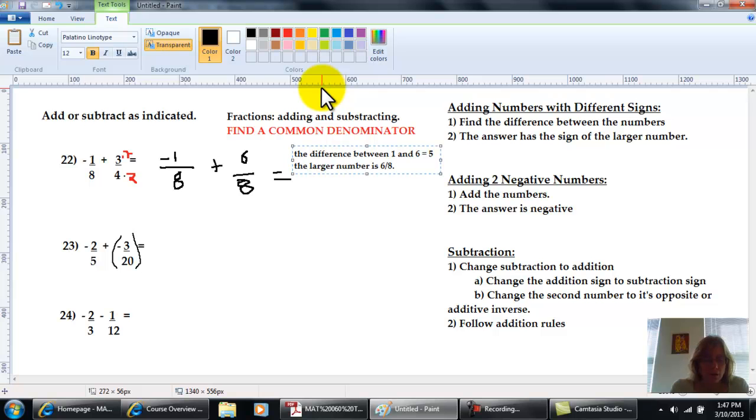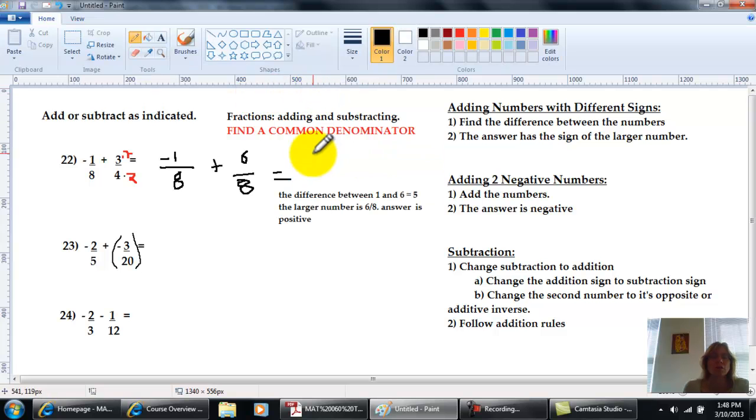Therefore, the answer is positive. 5 is our new numerator because we found the difference between 6 and 1, and the answer will be positive because this is the larger fraction. So 5/8 is our answer.